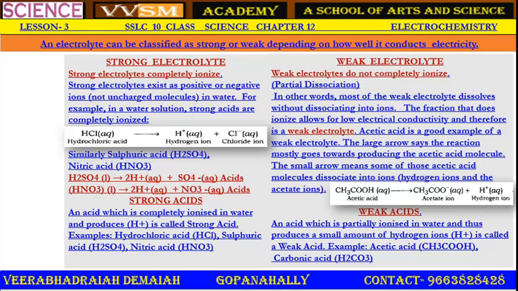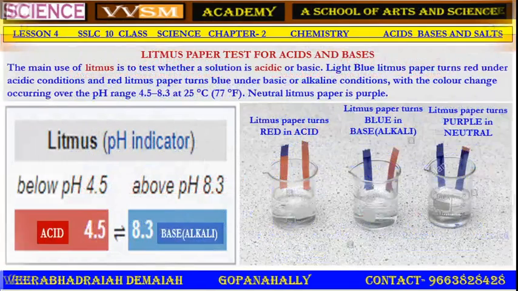It is a weak acid, carbonic acid. Coming to the litmus paper test, how do you test acids and bases? There is a simple and fundamental test. The main use of litmus paper is to test whether a solution is acidic or basic.